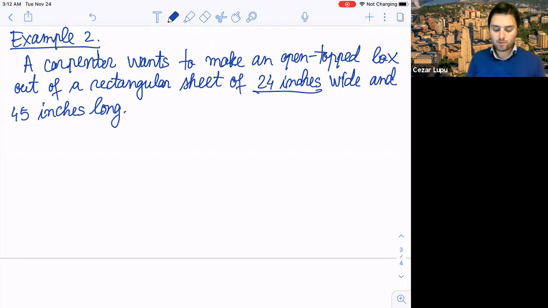Okay, let's keep these two numbers in mind, wide and long.